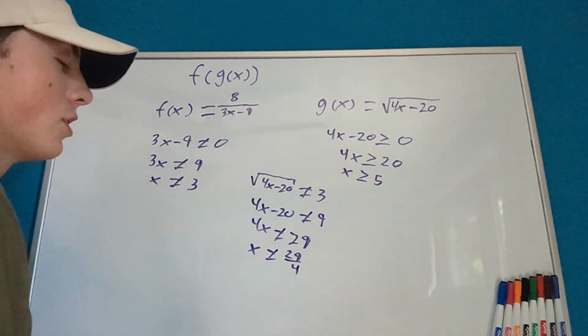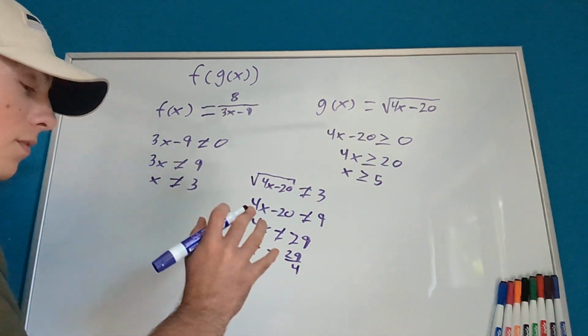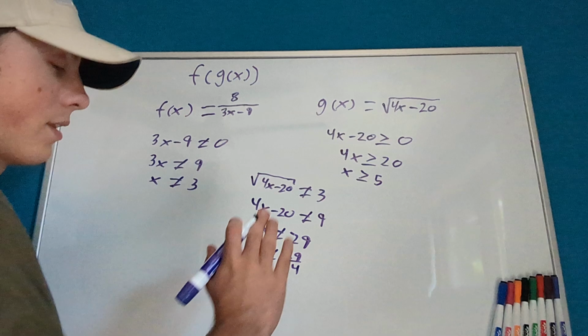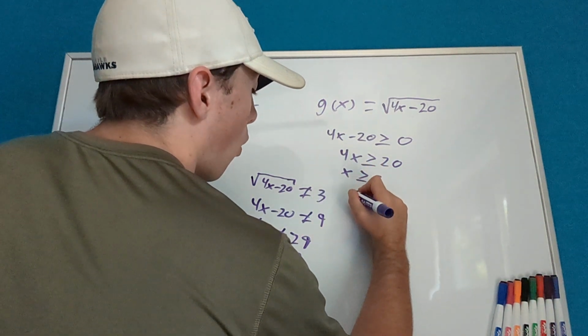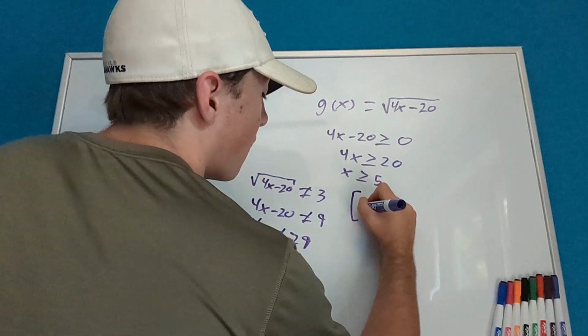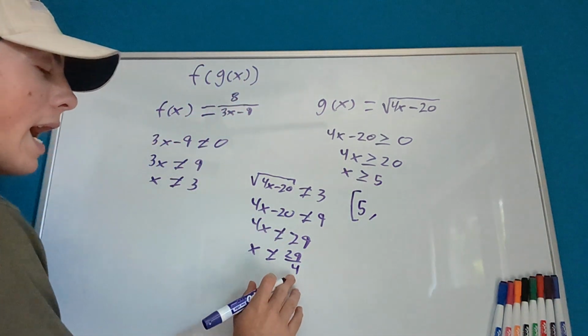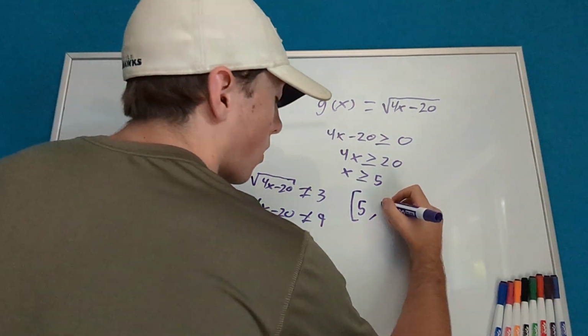Now, what do we want to do? Well, let's realize that 29 over 4 is in fact greater than 5. All right, so we're going to start off with a closed bracket, 5, comma, and then 29 over 4.